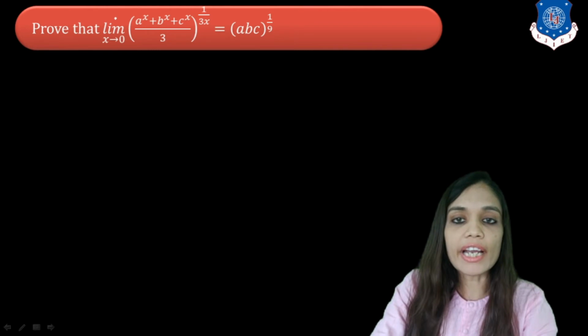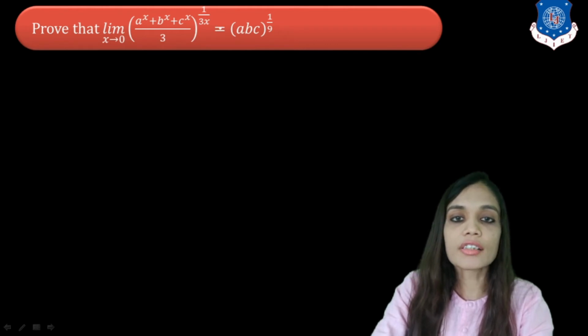We have to prove that limit x tends to 0, a raised to x plus b raised to x plus c raised to x upon 3 whole raised to 1 upon 3x is equal to abc whole raised to 1 by 9. So let us start the solution.